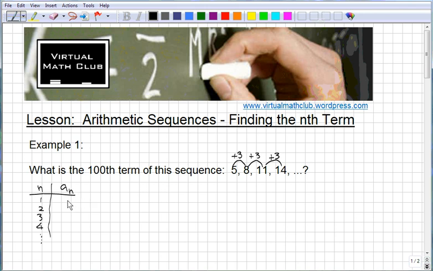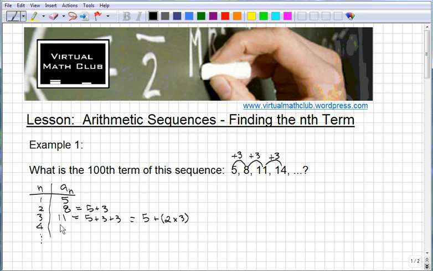So a1, in this case, is the first term, so that's 5. And then we have 8, but that's just equal to 5 plus 3. And the next number is 11, but that's equal to 5 plus 3 plus 3, which is equal to 5 plus 2 times 3.